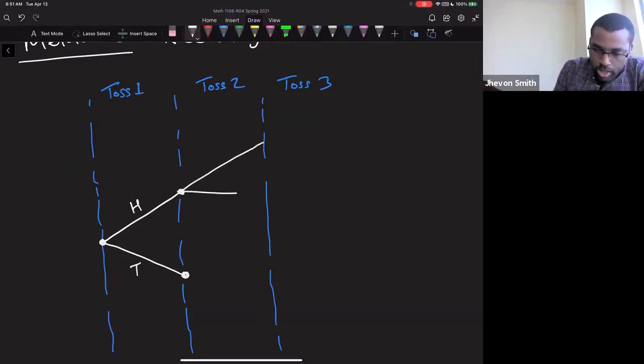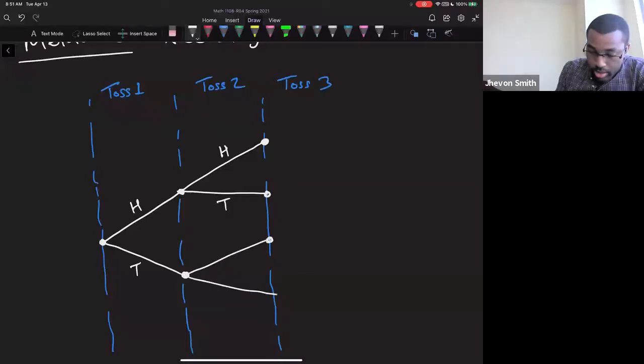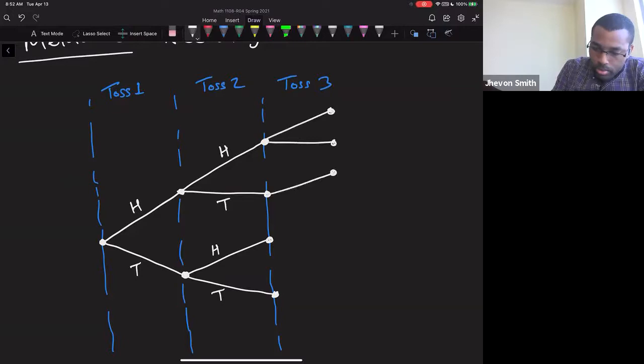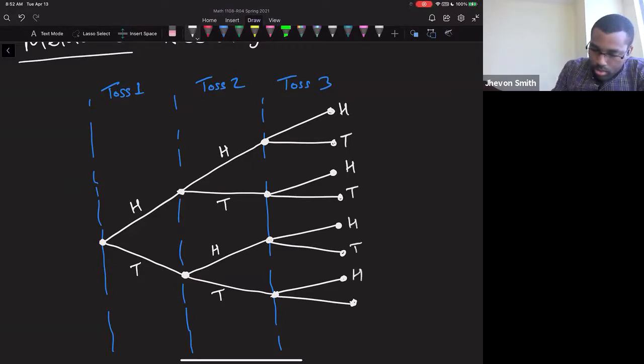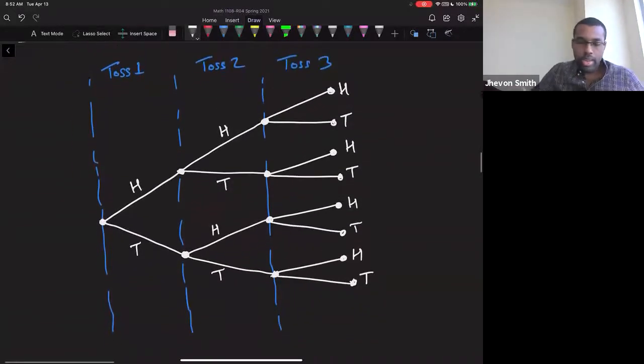In the first situation, it can go 2 ways, heads or tails. In the second situation, it can then also go 2 ways, heads or tails. And finally, it can go heads or tails. So now you have 8 total options.